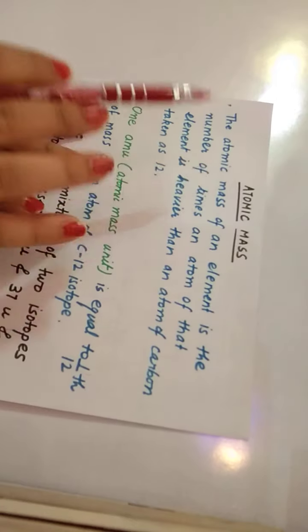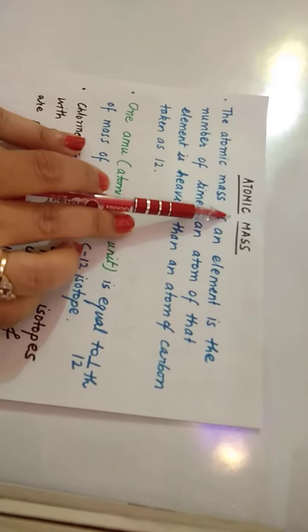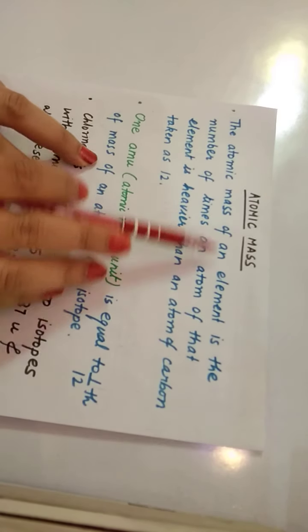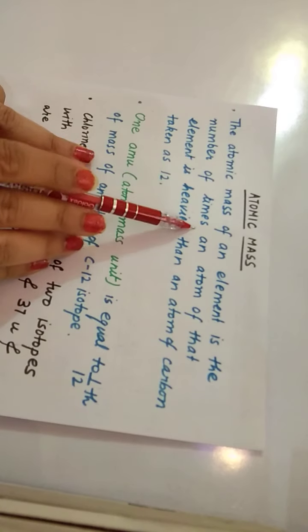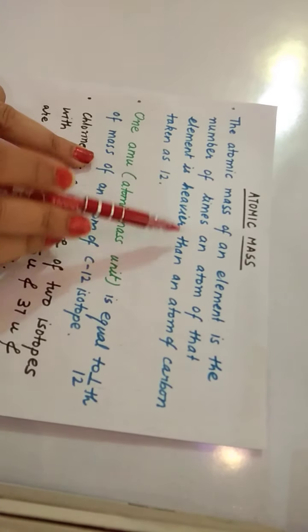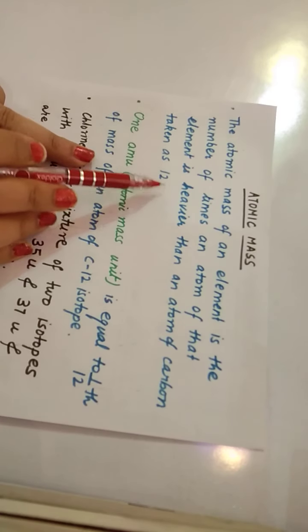So now, on the basis of all what we have studied, we'll try to find out the definition of atomic mass. The atomic mass of an element is the number of times an atom of that element is heavier than an atom of carbon, taken as 12.